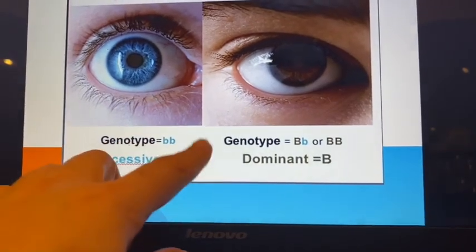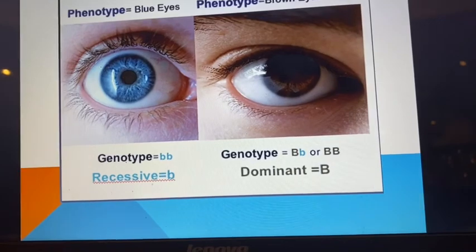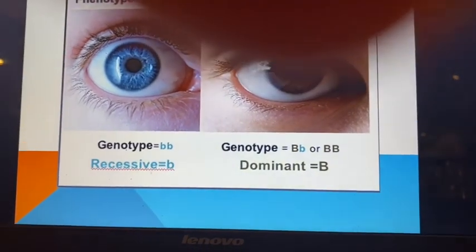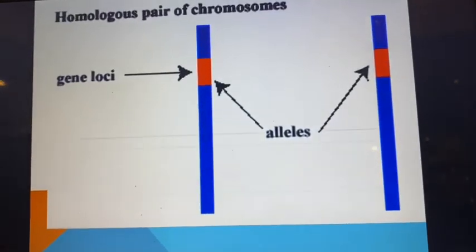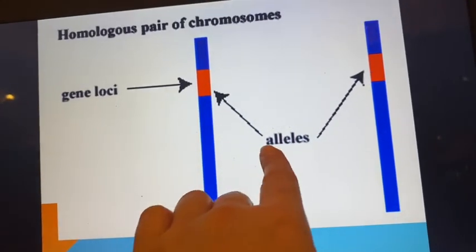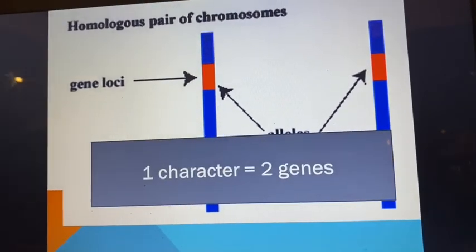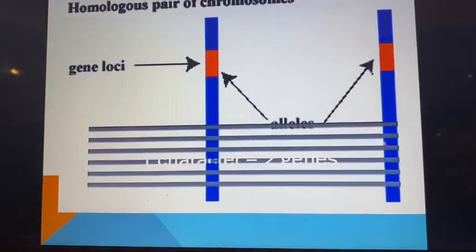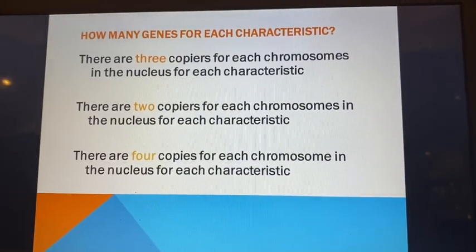Now these different forms of one gene, we are still talking about the eye color, the genes for the eye color. Now these different forms of genes are called alleles. They are called alleles. Okay? What does alleles mean? Different forms of the same gene. Now, how many genes for each characteristic?